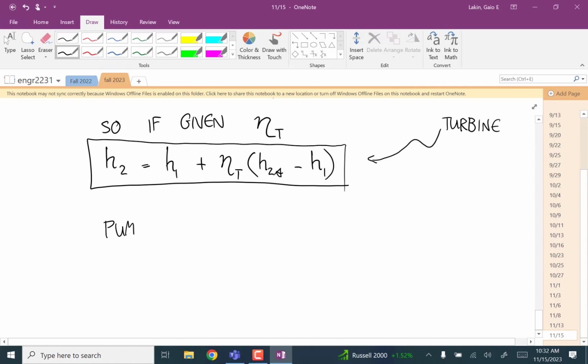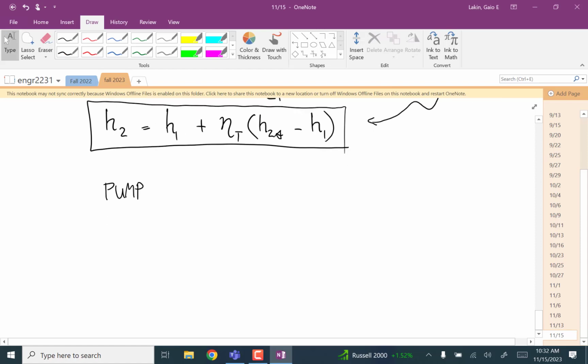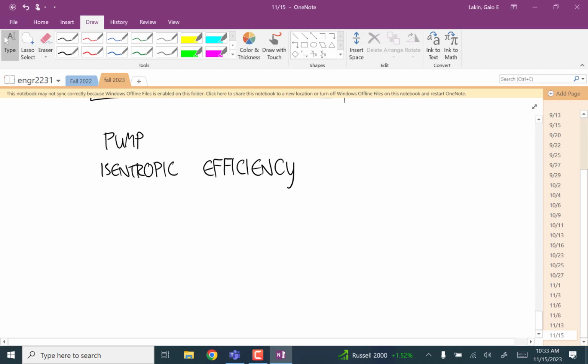So for the pump, the isentropic efficiency eta sub p is going to be the work rate that you have to put into the ideal pump divided by the rate of work that you have to put into the actual pump.